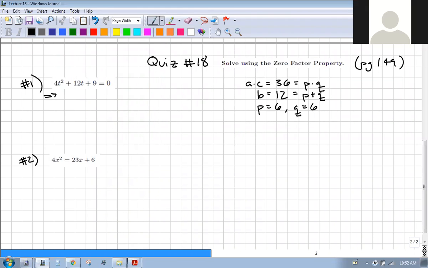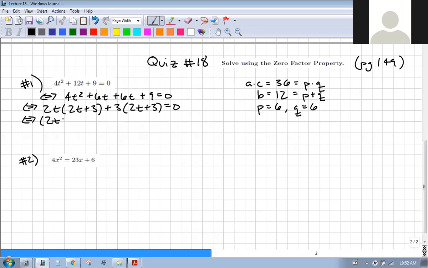So let's rewrite this 12t as 6t plus 6t. So we'll factor out a 2t. That gives us a 2t plus 3. Factor out a 3. This is another 2t plus 3.